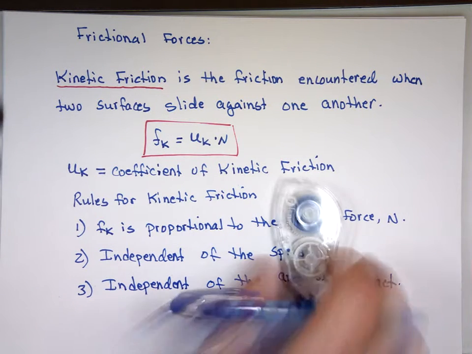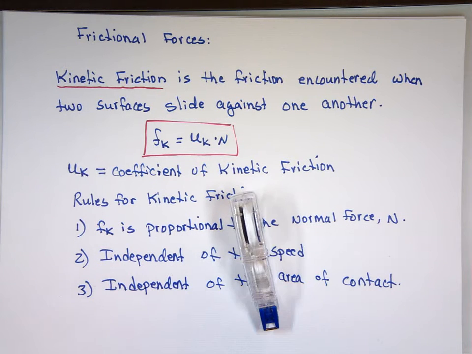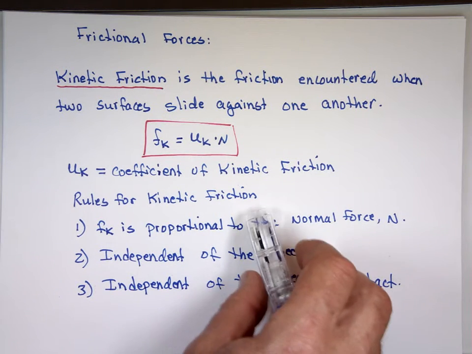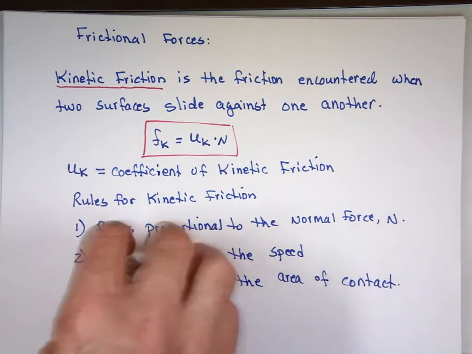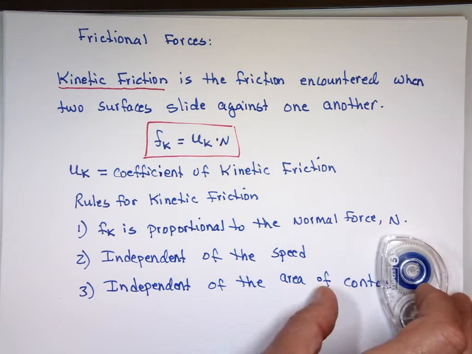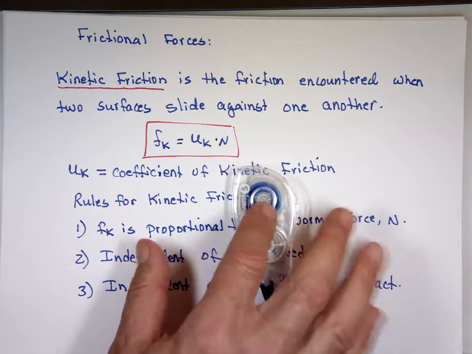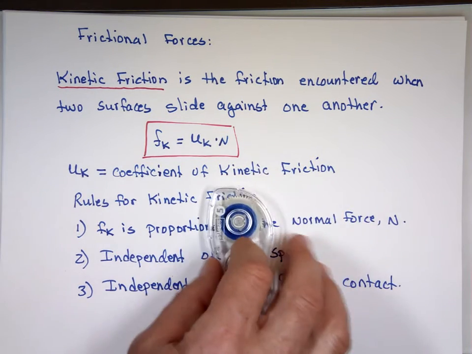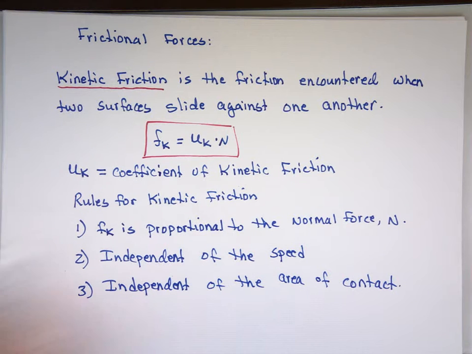Meaning, if I lay this flat, the kinetic friction is going to be the same if I put it on its side this way, on this edge, or on that corner, and move it. The kinetic friction will be the same. So the area of contact is not an issue. The speed is not an issue. The only thing that will affect the friction force is if the object gets heavier or lighter, which is N.